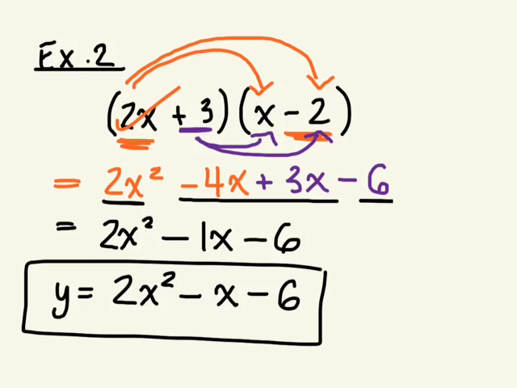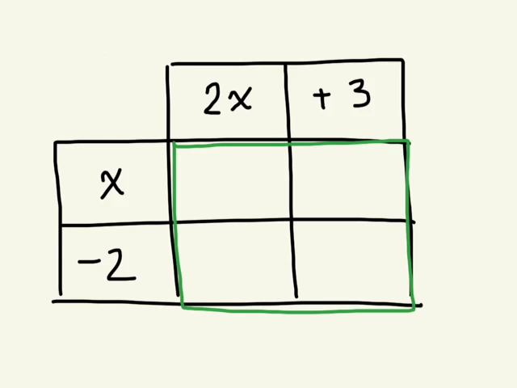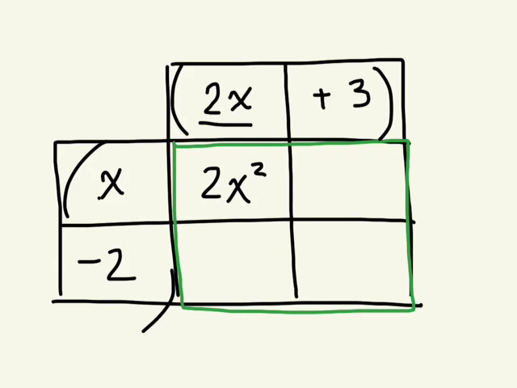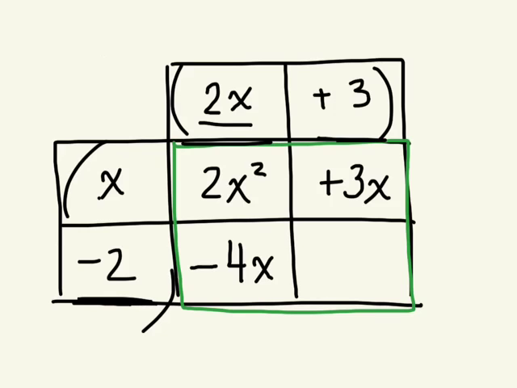Try this one using the chart. We're multiplying 2x plus 3 times x minus 2, right? So 2x times x, 2x squared. Then x times 3, positive 3x. And then negative 2 times positive 2x would be negative 4x. And then negative 2 times positive 3 is negative 6.